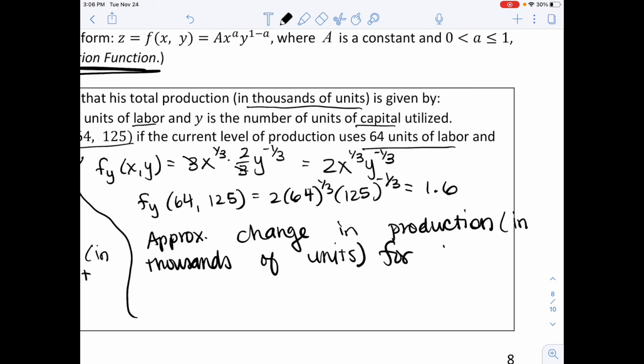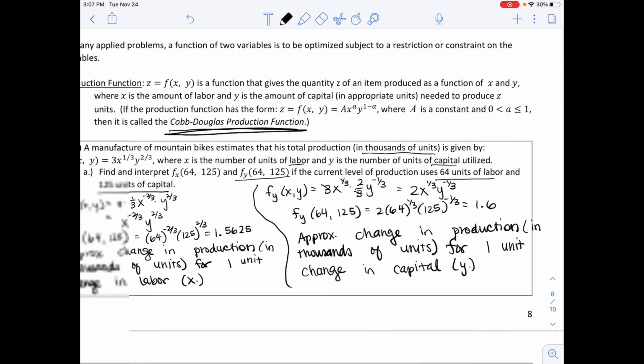For 1 unit change. And the variable we took our derivative of with respect to is y, which represents our capital. So this would be the approximate change in production in thousands of units for 1 unit change in capital. And I'll put down in parentheses y, since that was what we were taking our derivative with respect to.